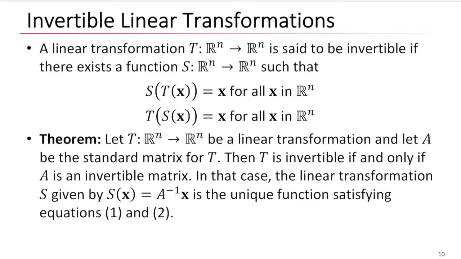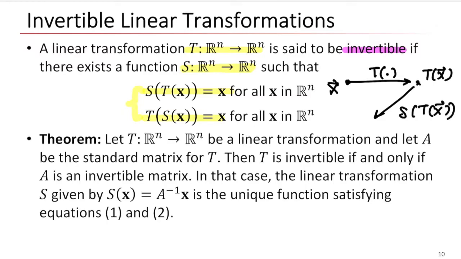A linear transformation T from R^n to R^n is called invertible if there is another transformation S from R^n to R^n such that S(T(X)) is equal to X and T(S(X)) is equal to X. In the geometric relationship, there is the input X. By using the transformation T, we can get the new vector, and by using the transformation S, we can get another vector, right?